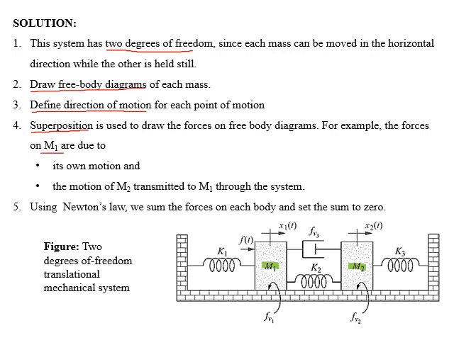Like for M1, forces will act either due to the motion of M1 or can be transmitted through the system or components attached between M1 and M2 if M2 is moving where M1 is held still.